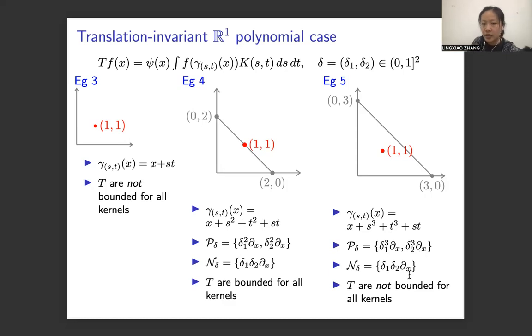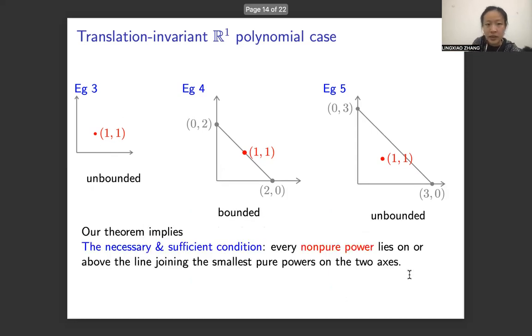Okay, I have illustrated how we use our theorem. And next, we can see a pattern from it. So in example 4, the red point, which denotes the non-pure power, lies on or above the line connecting the two smallest pure powers on the two axes. And so it's bounded.